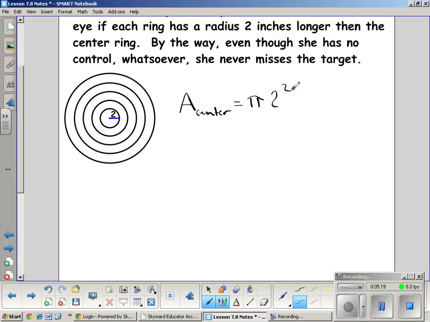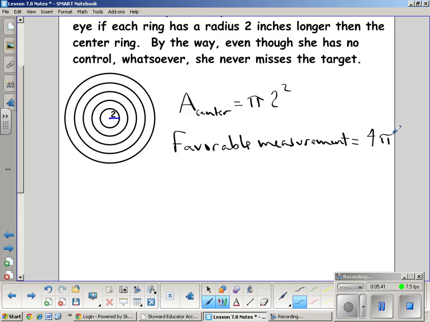So the favorable measurement is equal to 4 pi, because that's where she wants to land, in that center circle.